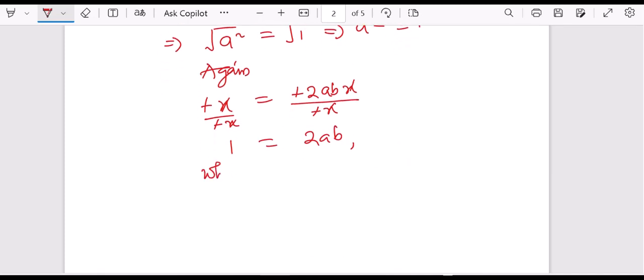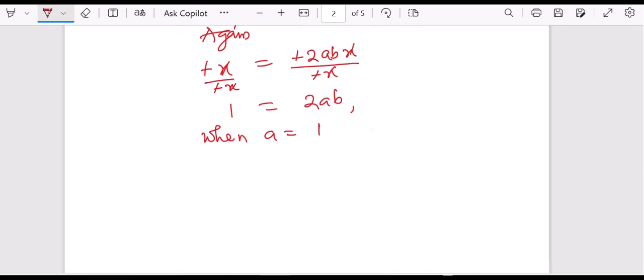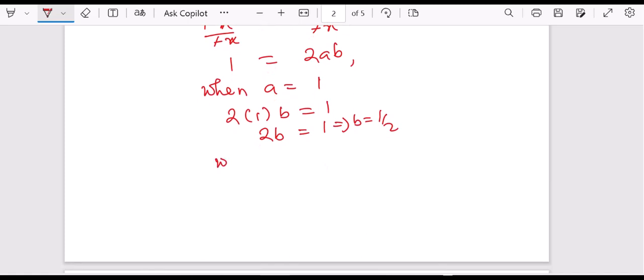So when a is equal to positive 1, what will be b? We have 2 times 1 times b equals 1, 2b equals 1. This implies b equals 1 over 2. And now when a equals negative 1, we have 2 times negative 1 times b equals 1, and then we have negative 2b equals 1.